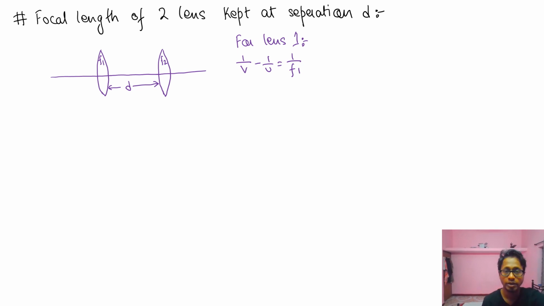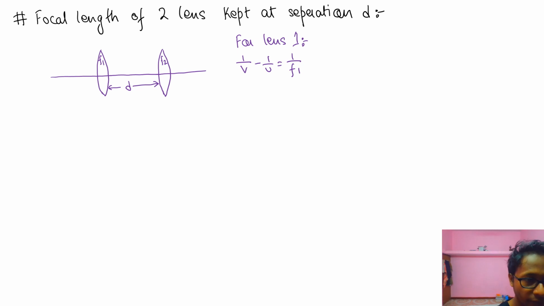Whenever you are finding the focal length of any combination, the initial object should be at infinity and the final image should be at focus.